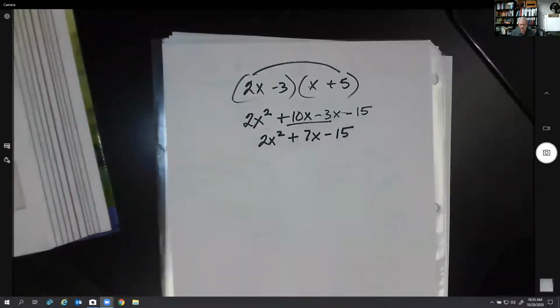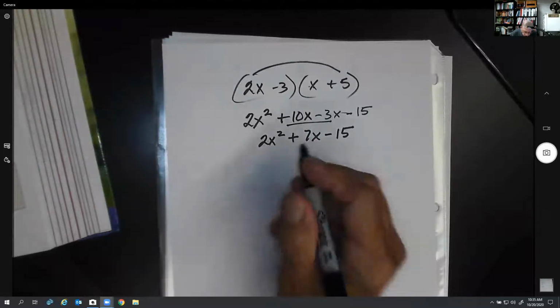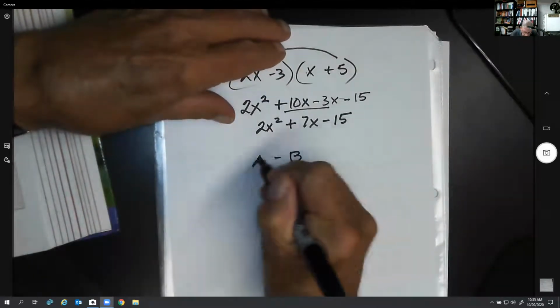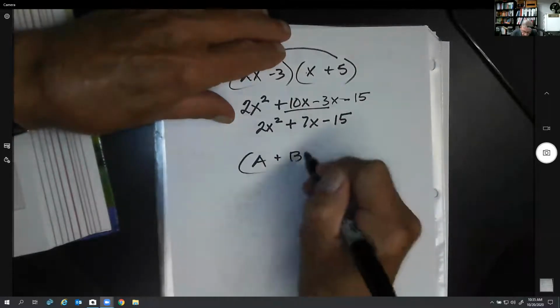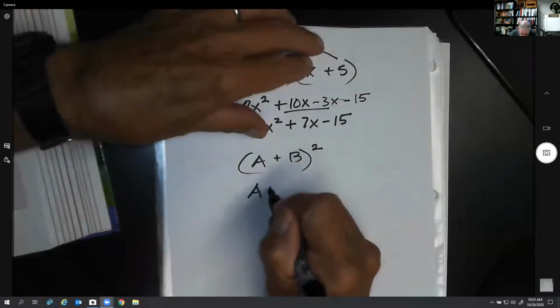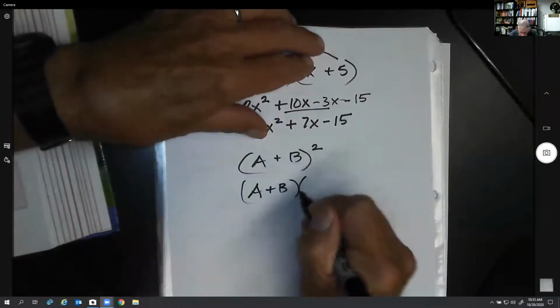Combining these middle terms. Okay, so what if I had a problem like this? Just an a minus b. Let's make it a plus b to make it a little bit easier. And I wanted to square it. Traditionally, I would write a plus b times a plus b.